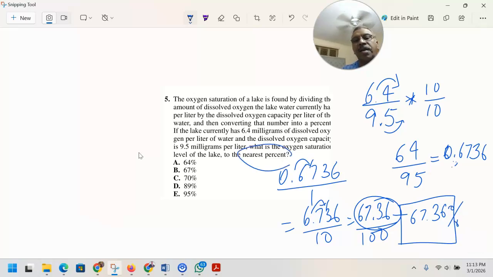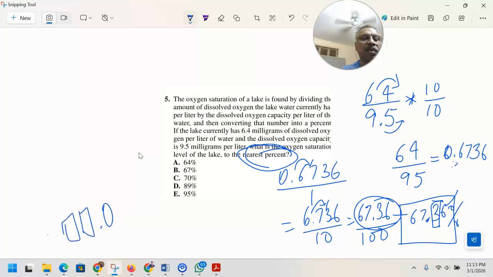And because it said nearest percent, there should not be anything after the point. That means this number is already smaller than 5. So this 67 stays the same and you get 67%.